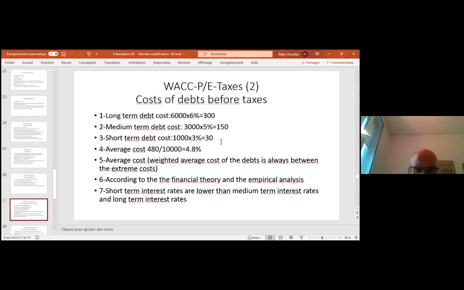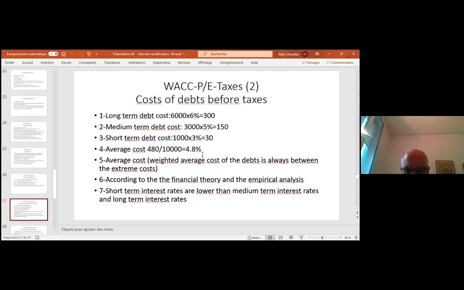I've got here 6,000. We had 4,000 medium term, I've used 3,000, and we had 3,000 short term, and I have here 1,000. All the other elements and questions are identical. So if the slides are not clear enough on the data, you can use the June 2019 part 6.